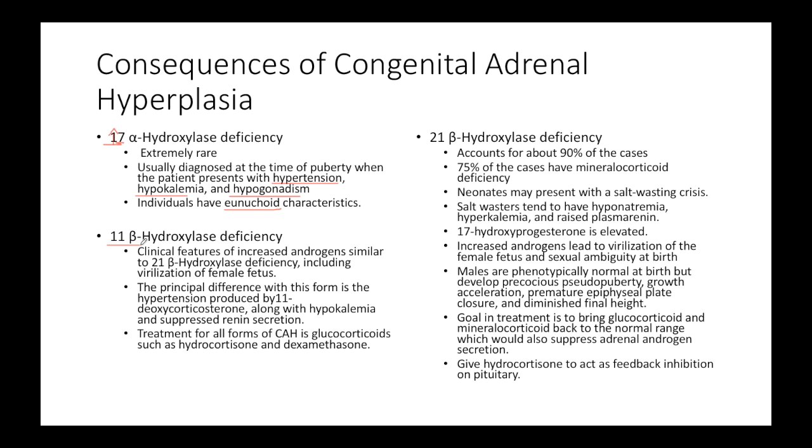In 11 beta hydroxylase deficiency, this was the bottom one, you can see clinical features of increased androgens that'll be similar to the ones I'll talk about in a second, including virilization of the female fetus.